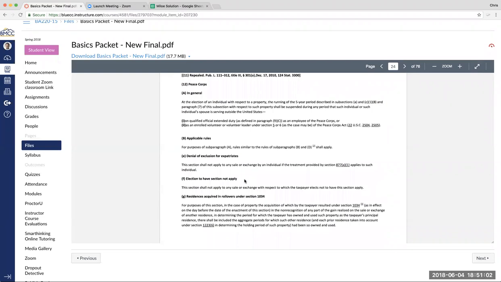Let's say I buy this, well, it's hard to do with a computer, but you've just got to imagine that my computer is going to increase in value. So I buy this $1,000 computer, I fully depreciate it under Section 179, making my basis zero, and then for whatever reason, it's a very special computer, I'm able to sell it for $1,200.